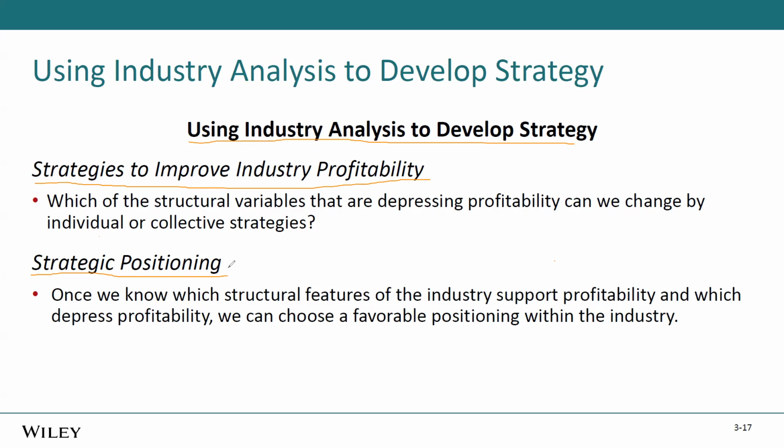Is there anything depressing profitability that we can change? Are we being held up by one particular supplier? Maybe we can invest in or back more suppliers, or create supplier partnerships, or backwards integrate. Is there too much competition from abroad? Maybe we can lobby the president for tariffs to keep out foreign vehicles.